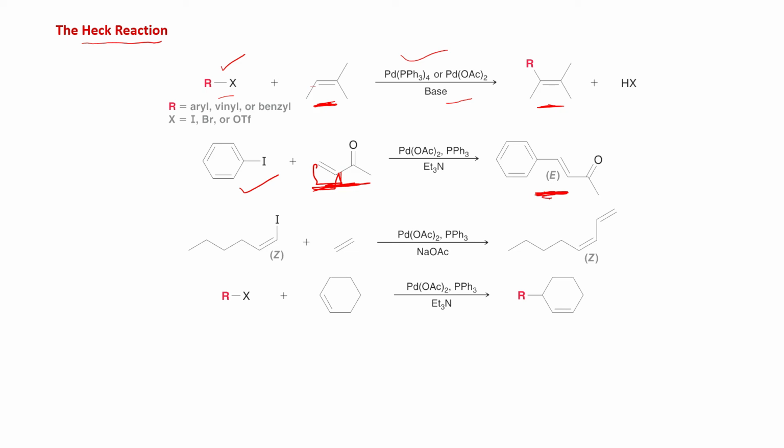When you treat Z with the double bond, there is retention of configuration in the reactant. And in cyclohexene we have seen that when we treat an organohalide with cyclohexene, there is a movement of the double bond. Its mechanism I have already shown in the slide where I taught Heck reactions.